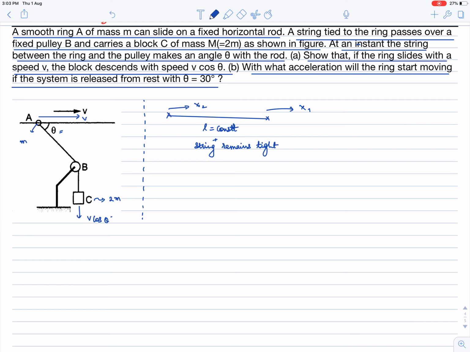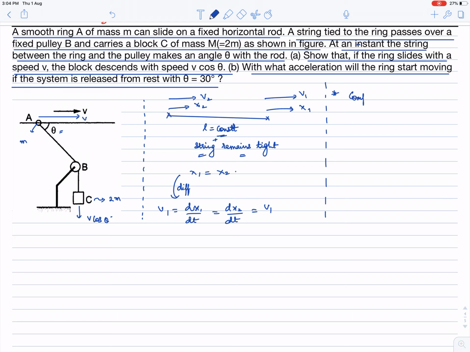So point number 1, if length is constant, and point number 2, if the string remains tight, then x1 must be equal to x2. Differentiating, dx1 by dt should be equal to dx2 by dt, and the rate of change of displacement gives you velocity, so v1 must be v2. So if this end moves forward with v2 and that end moves forward with v1, then v1 must be v2.